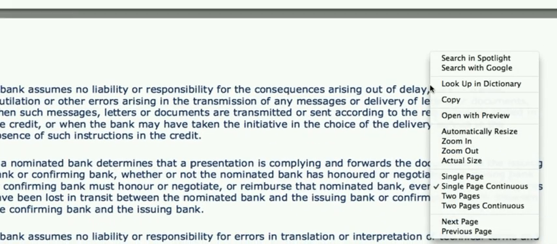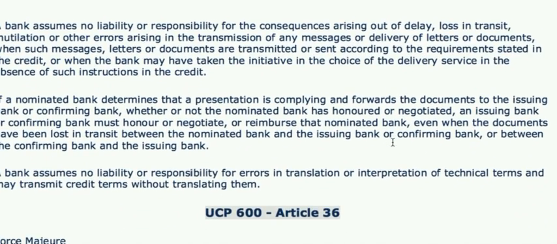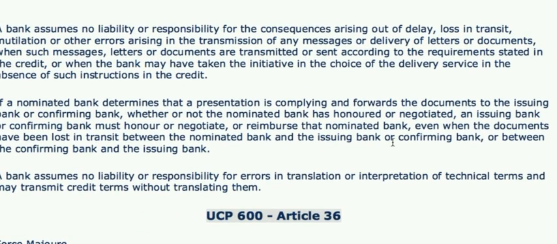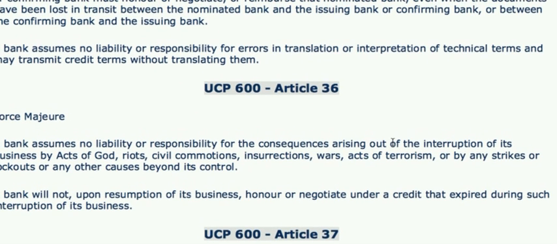So again, if there is some problem due to transmission or translation, the bank does not assume any liability. Then Article 36, it speaks about force majeure. This is a new article which has been added in UCP 600, because prior to UCP 600, no article was there to speak about force majeure. And what is force majeure? It means something happens unexpectedly.